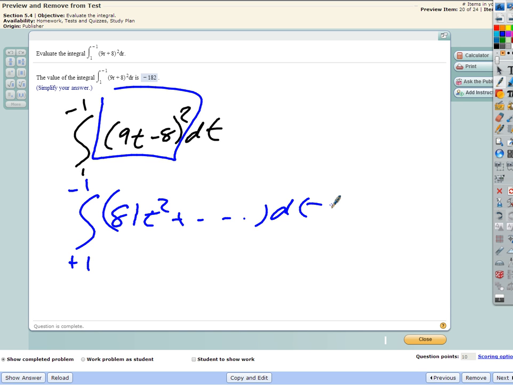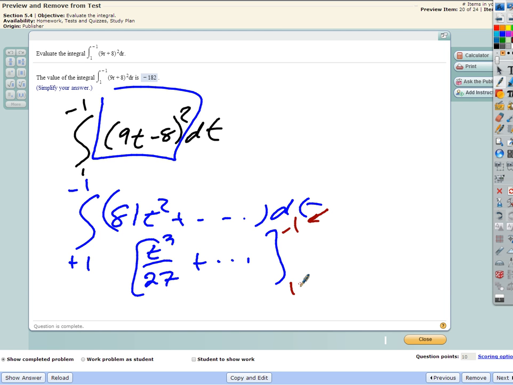Well, the antiderivative of that would just be 81 times t cubed over 3, right? Everybody see that? 81 over 3 is 27. So we're going to get 27t cubed plus some other stuff, evaluated from -1 to 1. So I'm going to plug the upper limit in first and subtract from that the value at the lower limit.